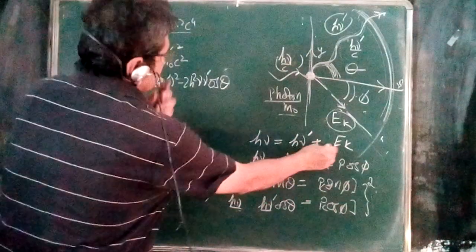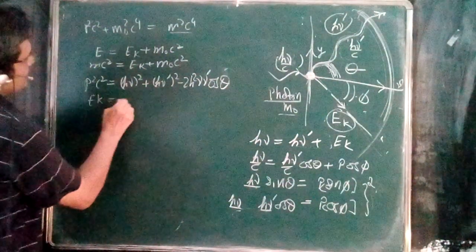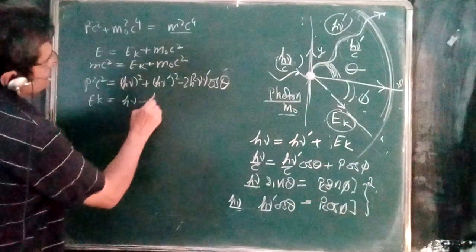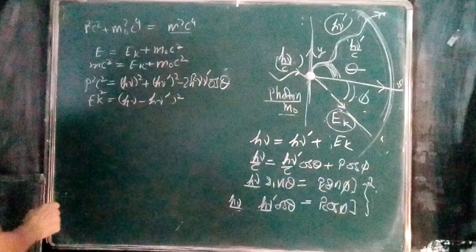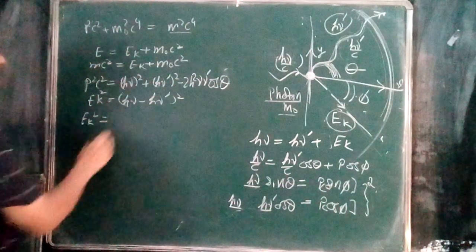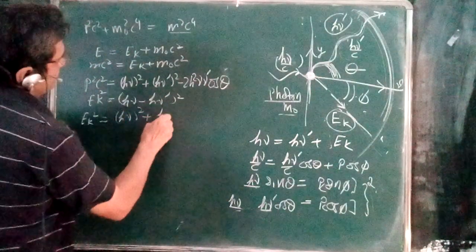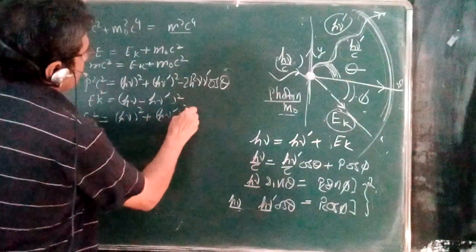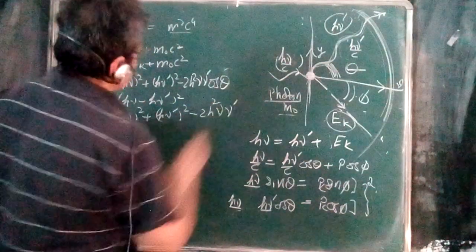Now ek can be written as h mu minus h mu dash. I square it and I write ek square is equal to h mu square plus h mu dash whole square minus twice h mu square mu dash.